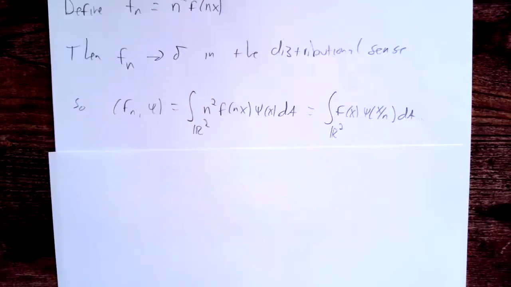You do that change of variable I was talking about, say like y equals nx, then changing to the new variables, your area element gets multiplied by 1 over n squared, which cancels out this n squared factor that's given to you. nx becomes x and psi of x becomes psi of x over n.